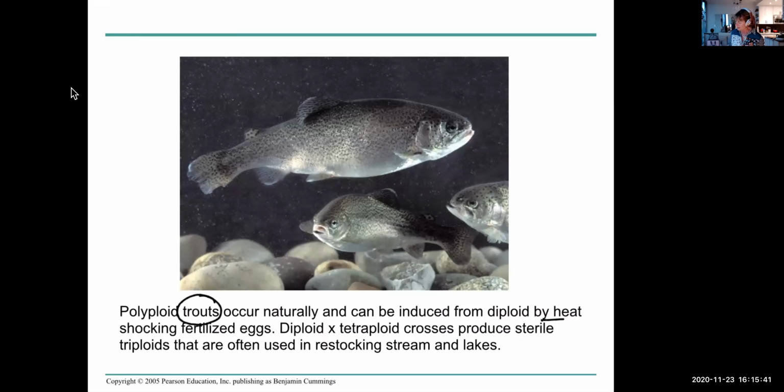So what they do is they heat shock fertilized eggs. What happens is you cross a diploid and a tetraploid, it produces a triploid, and they are sterile. And you use that kind of method if you didn't want the individuals to have offspring, because maybe you're trying to prevent them from breeding with wild stock, for example.